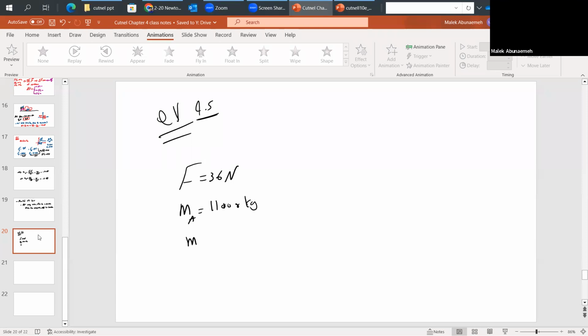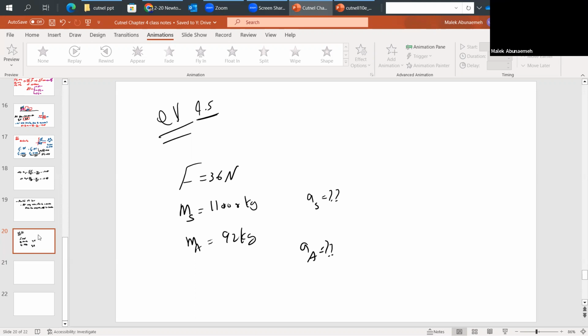And MA for the astronaut is 92 kilograms. And we're looking for their accelerations. Basically, we're looking for the acceleration of the spaceship and the acceleration of the astronaut.